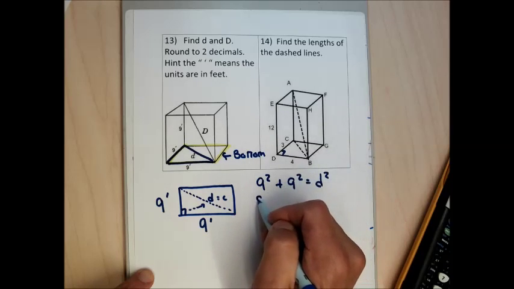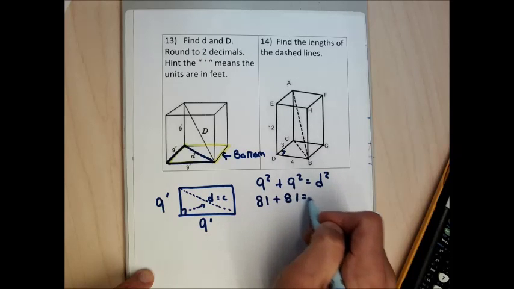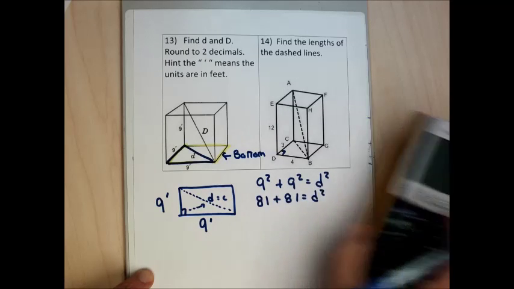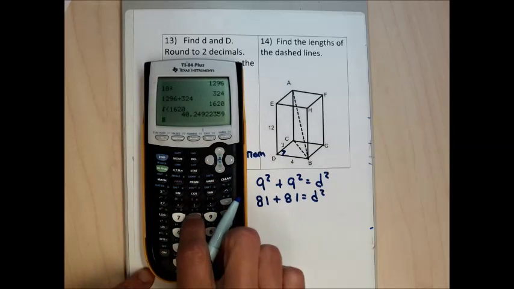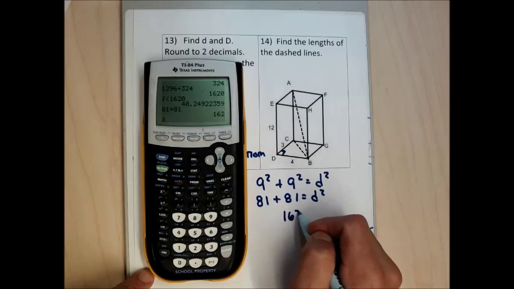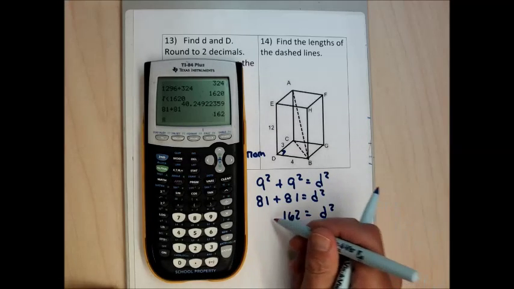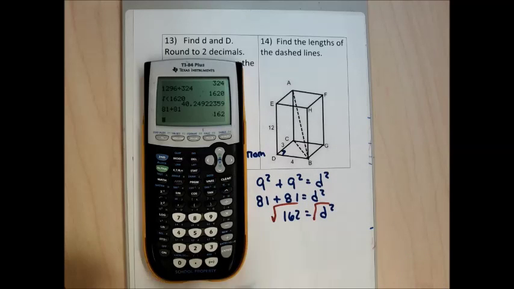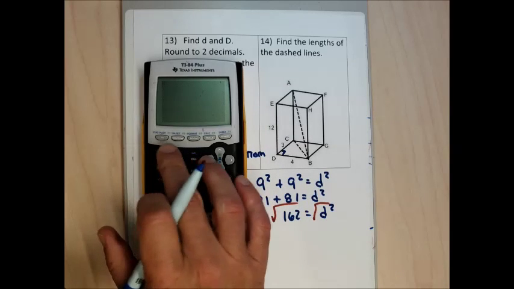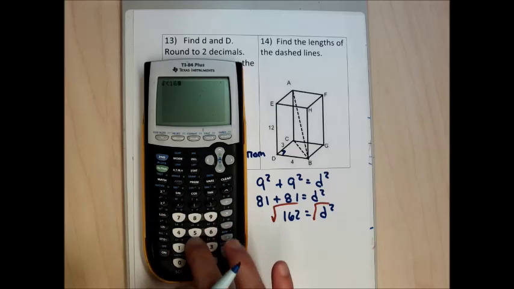This gives me 81 plus 81 equals little d squared, and 81 plus 81 equals 162, so I get 162 equals little d squared. Then I'm going to take the square root of 162.